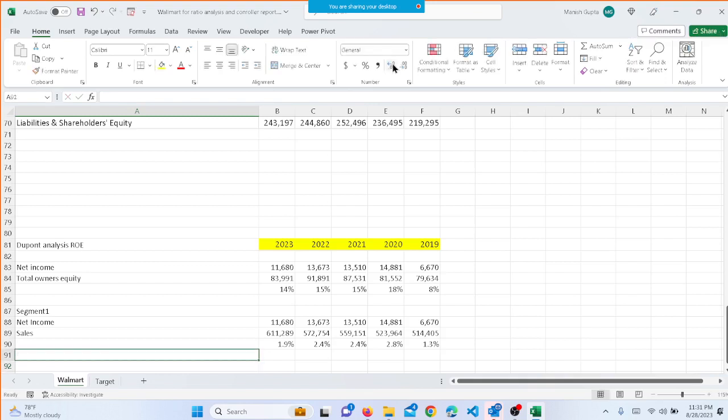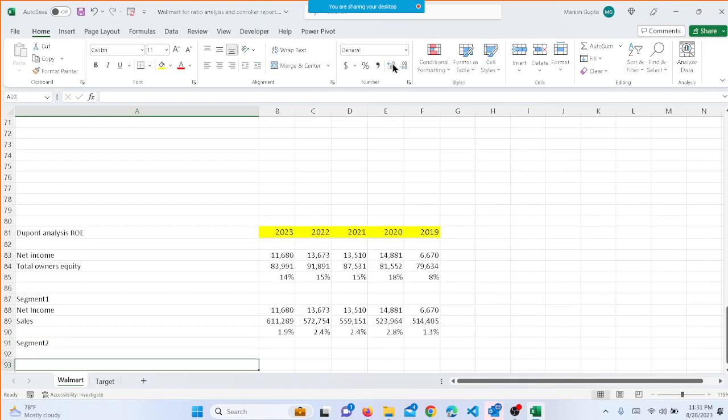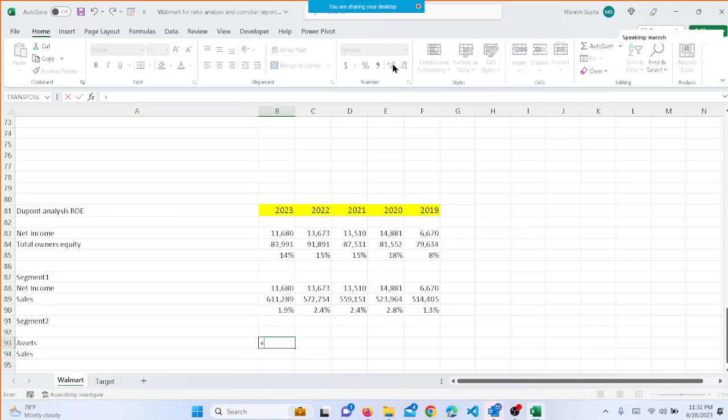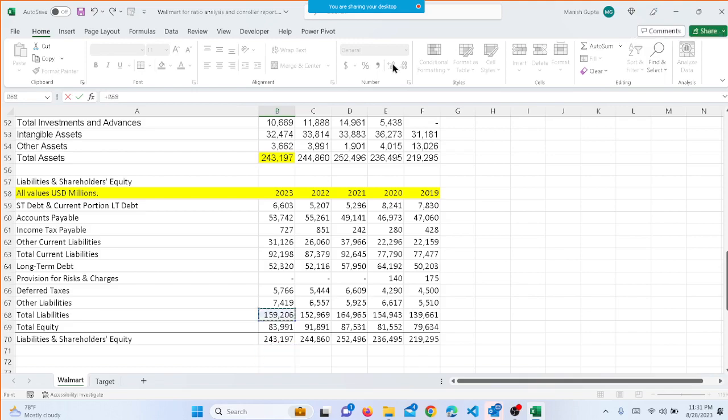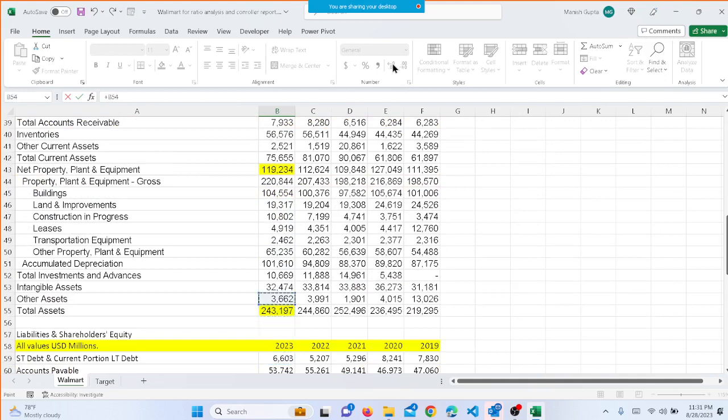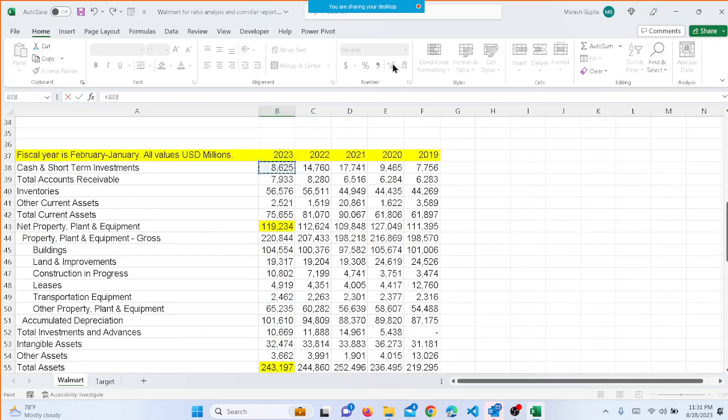Sales depend, so there's another segment to it, segment two, which says that sales depends on the resources that we have. Sales divided by assets. Sorry, assets divided by sales. So the assets are going to be total assets, or we can take net property, plant and equipments.